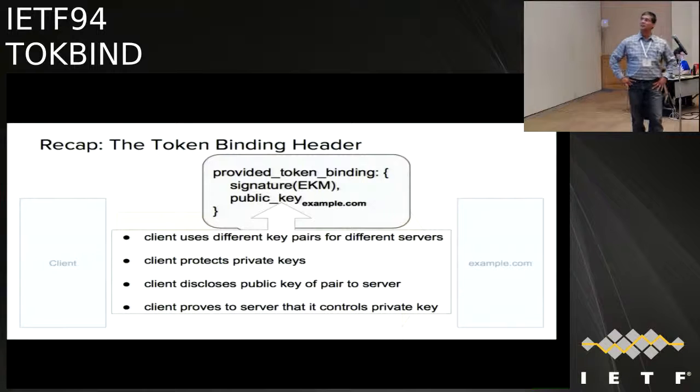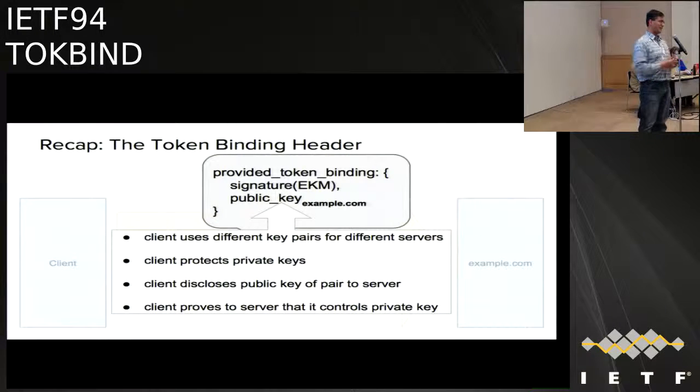All right. And so the key idea is that the client, essentially, we're creating infrastructure for a second factor. So in addition to the cookie that the browser presents to the server, it presents proof that it has the right to wield the cookie. And it does that by creating a key pair for use with that server. And to protect privacy, we use different keys for different servers.